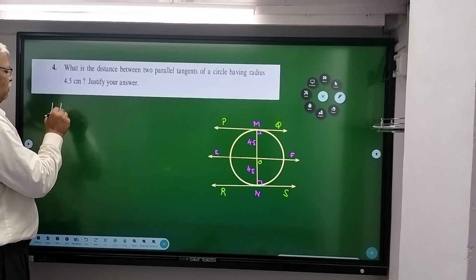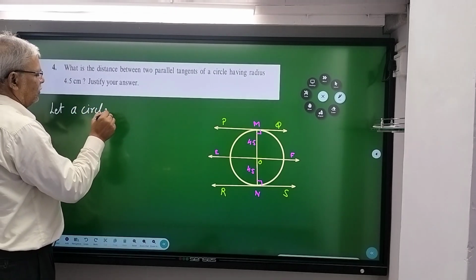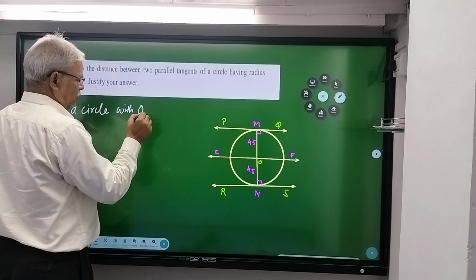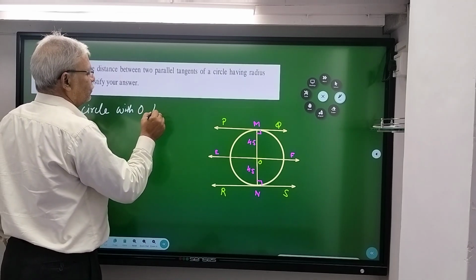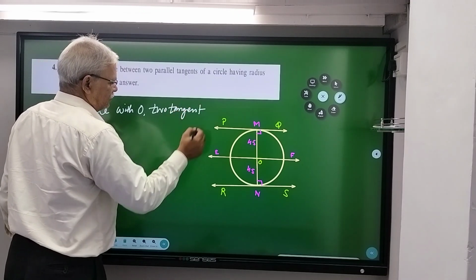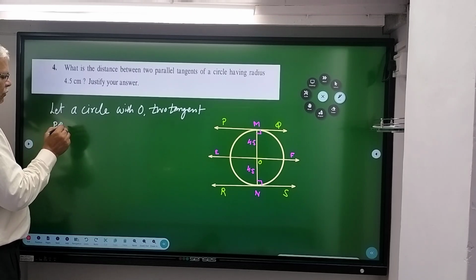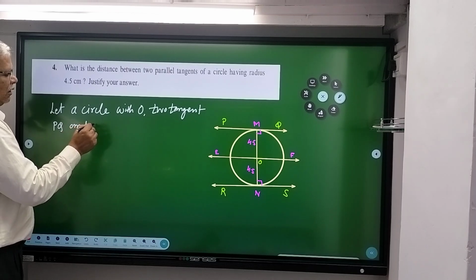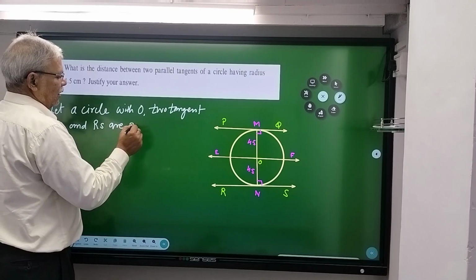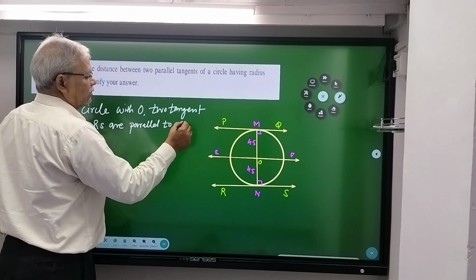Now, as here in the figure, we are going to write here: let a circle with center O, two tangents PQ and RS are parallel to each other.